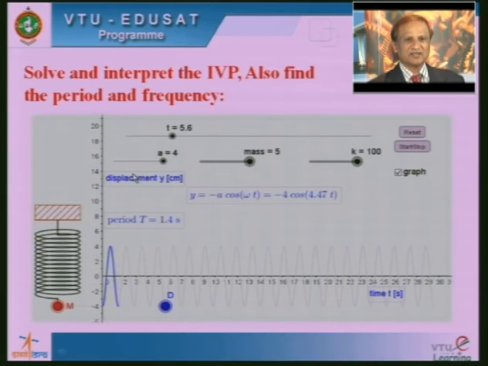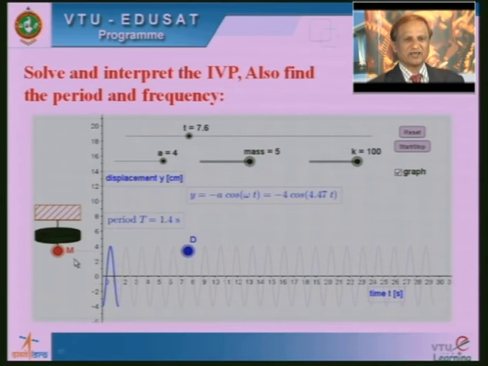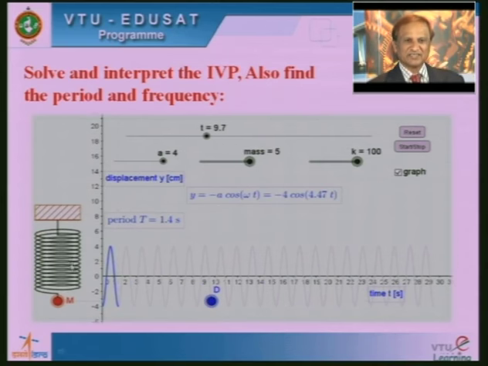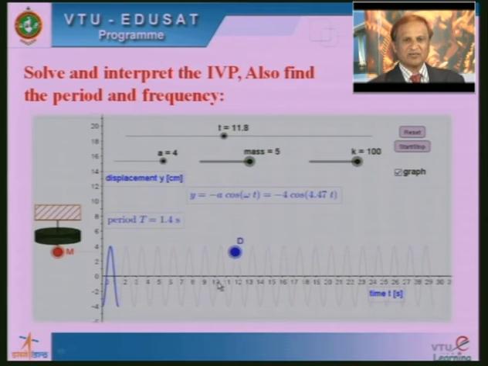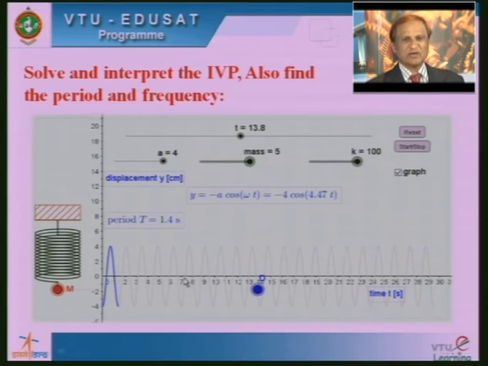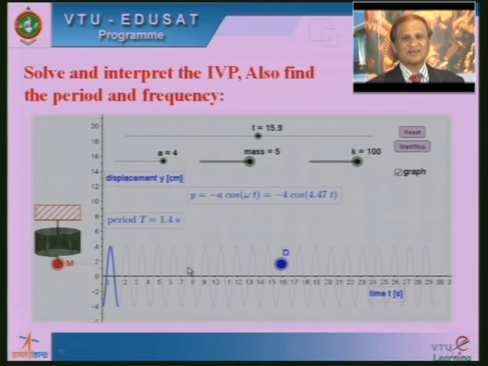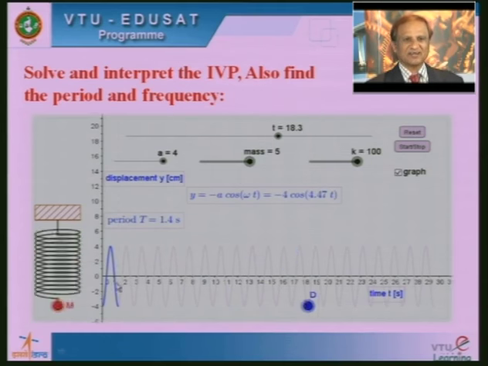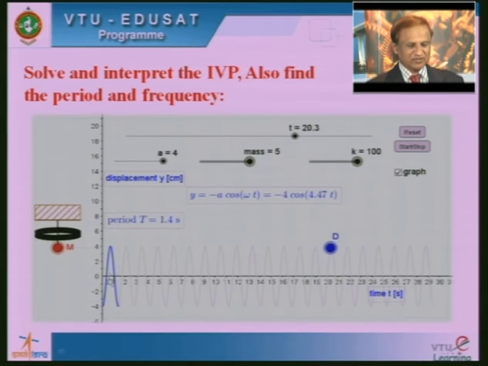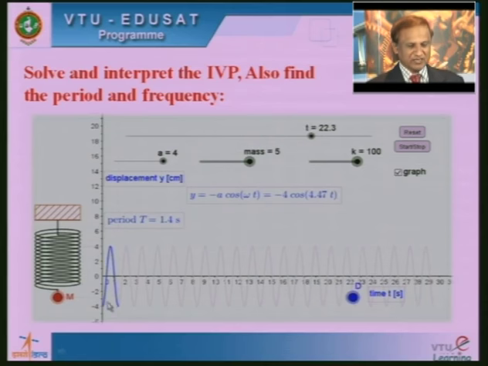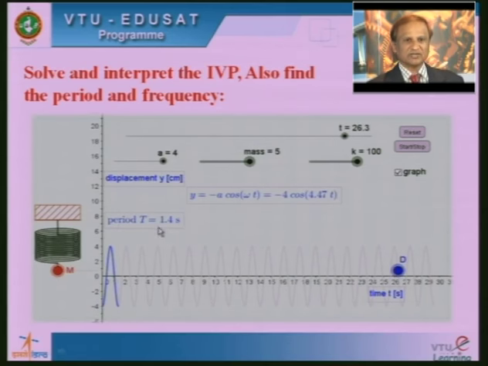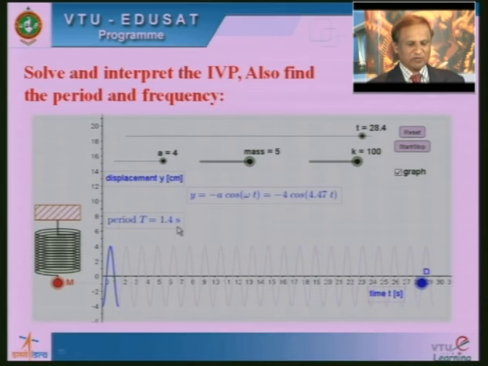By changing the frequency, you can observe the spring moving and we have obtained more cycles when compared with the earlier graph. To complete one cycle or one period, T is now showing 1.4 seconds.